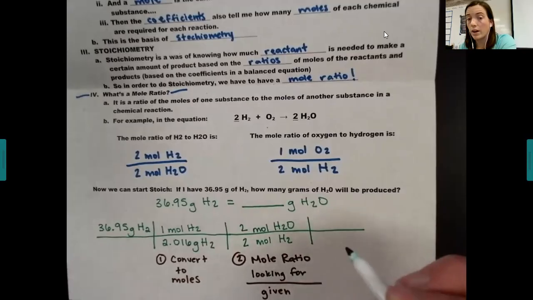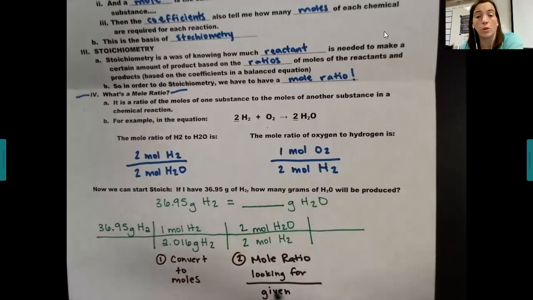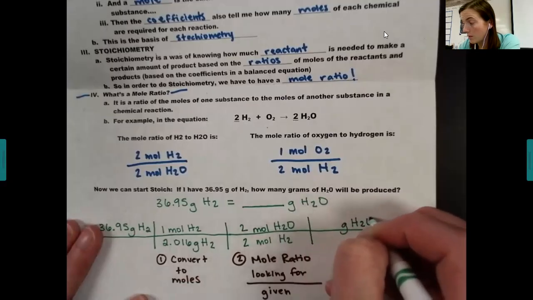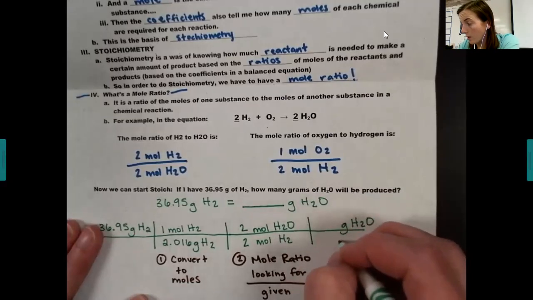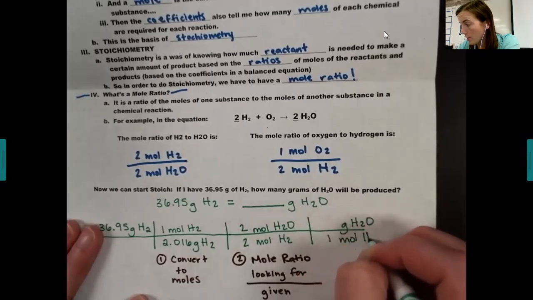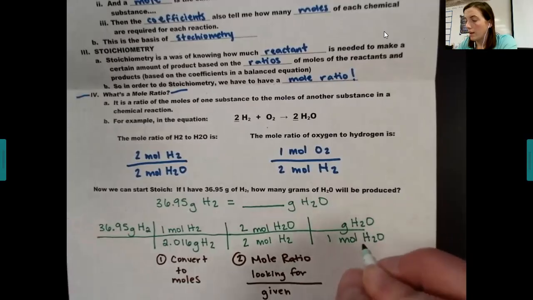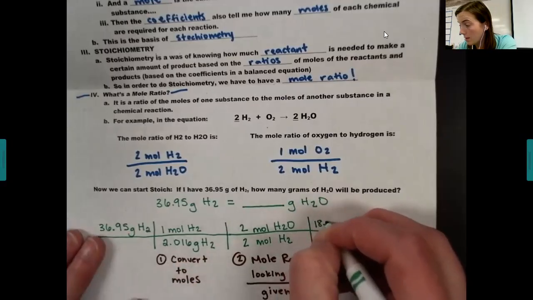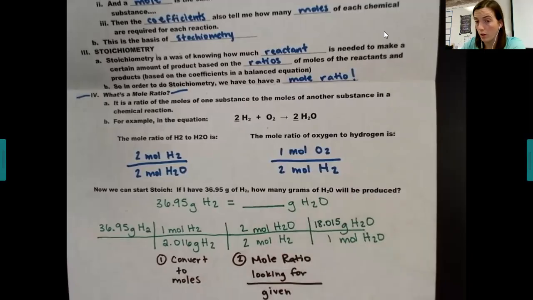And our third and final step is to convert to whatever it is that we're looking for. Here we're looking for grams of water, so I'm going to have 1 mole of water on bottom. We know that 2 hydrogen is 2.016, oxygen is 15.999. So 15.999 plus 2.016 should be 18.015 for the molar mass of water.